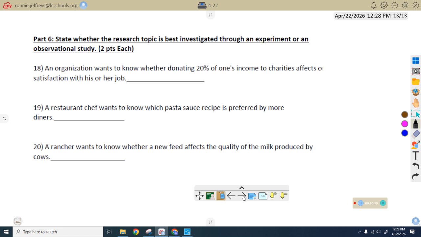Now, experiment or observation. This is going to be quite obvious because I think I actually use the word experiment or watch. Experiment means experimental. If you watch something, it's observational.